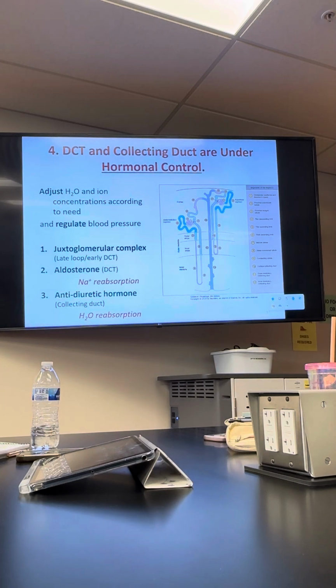To regulate filtration rate and blood pressure. There are two hormones that you need to know what they do, but you've already studied these for endocrine. It's the same unit, right?